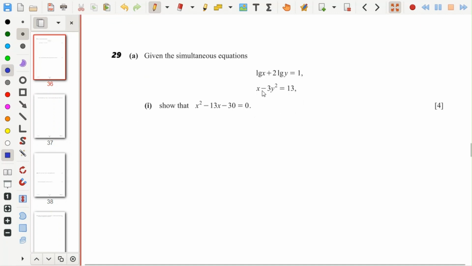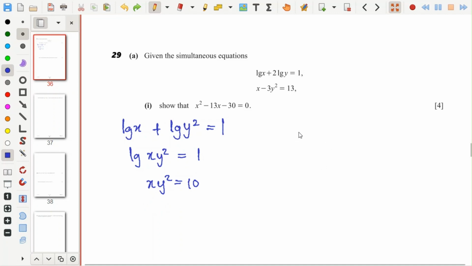So now this is the same as, your coefficient becomes your power. So we have log x y squared is equal to 1. So now you know that the base is what? 10. So the base will carry the power. So you have x y squared is equal to 10 to the power 1, which is the same as 10.